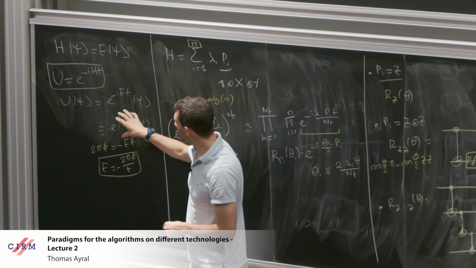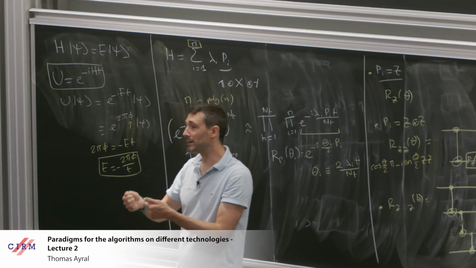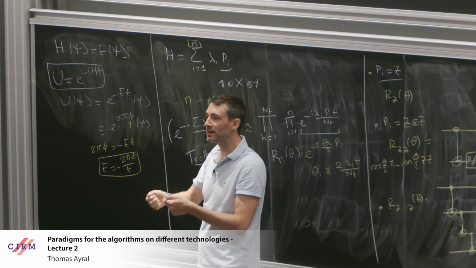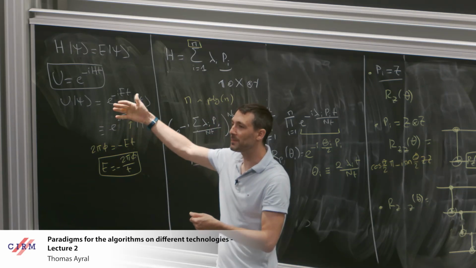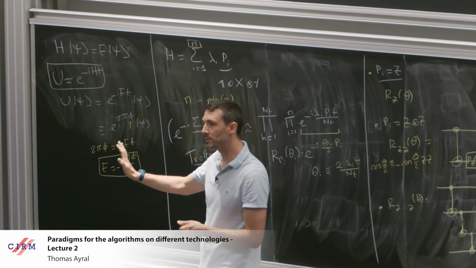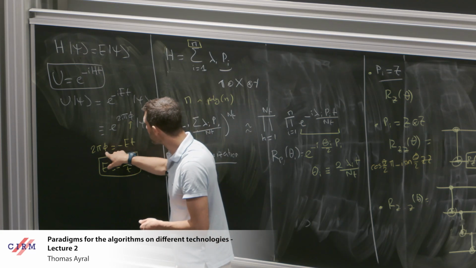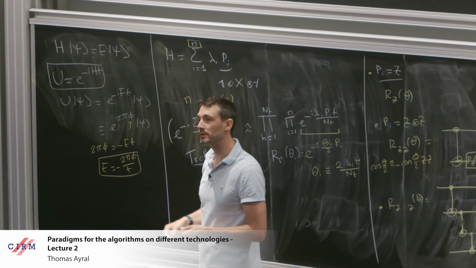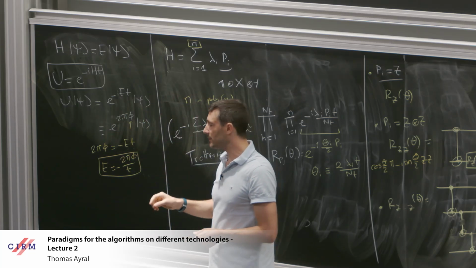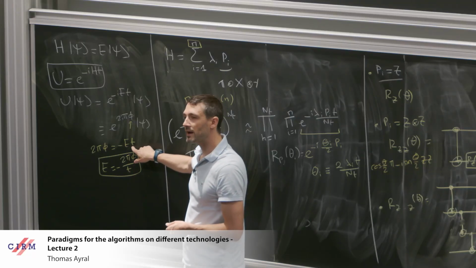So that means that you need to have an estimate of where your result is, but that's usually the case. You have a classical method that tells you, okay, at most I can be E max, and at least I have E min for my energy. Then you shift your Hamiltonian. You pick a time so that in the end you're guaranteed that your result is going to fall between 0 and 1. And physically it makes sense, because if you're looking for very small energies, you need large times.